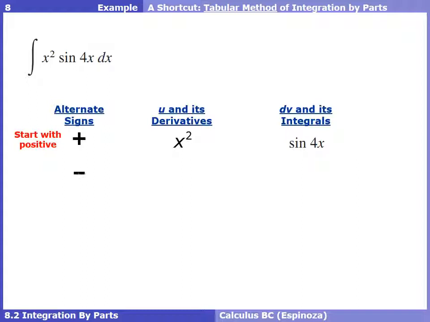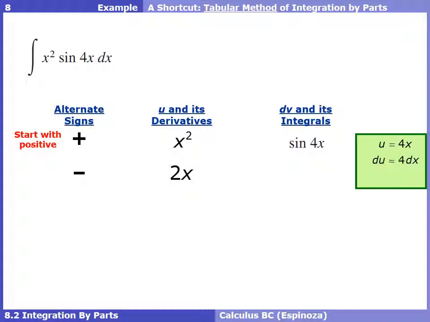So to go to the next row, we're going to of course alternate signs by putting a negative. The derivative of x squared is 2x, but be careful here. The integral of sine 4x is not negative cosine 4x. You have to be aware that when you take this integral, that would be an application of a u substitution, since that's not a plain x inside of sine.